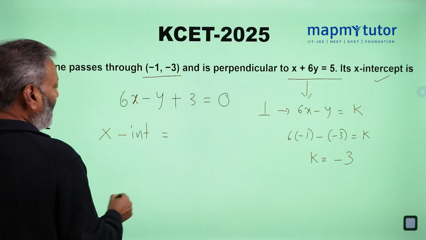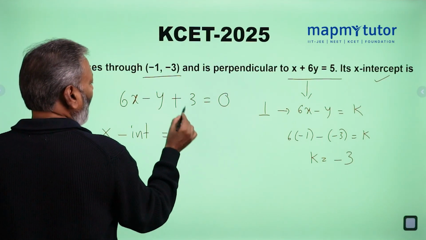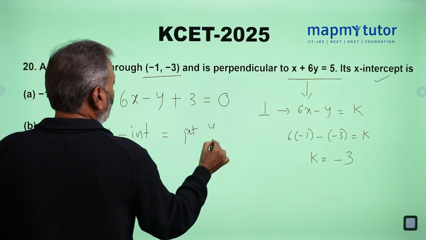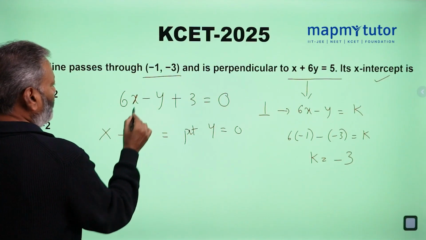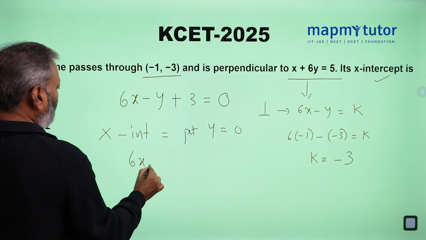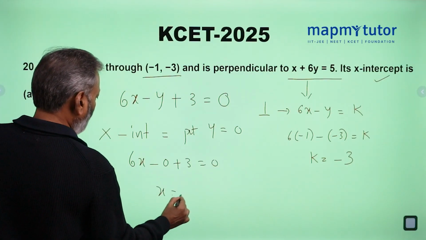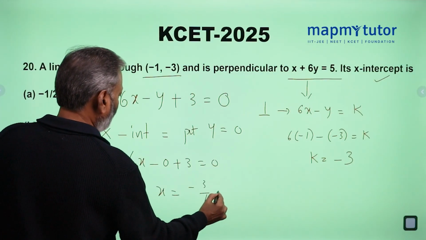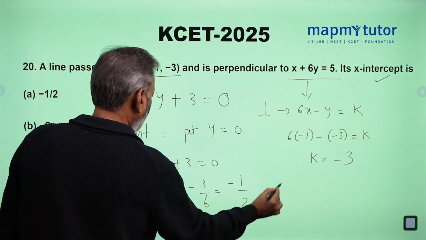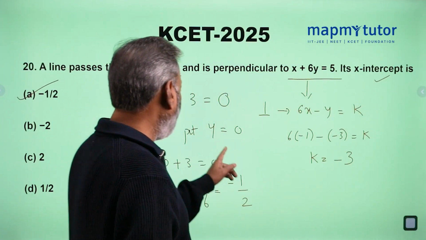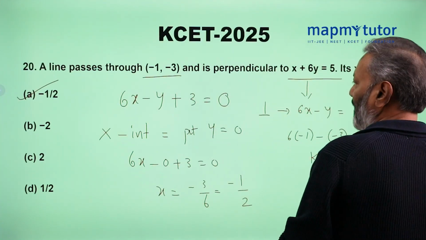What is the x-intercept? The x-intercept can be obtained by substituting y equal to 0. 6x minus 0 plus 3 equal to 0. What is x? Minus 3 by 6, which is minus 1 by 2. Yes, option A. So, minus 1 by 2 is the x-intercept.